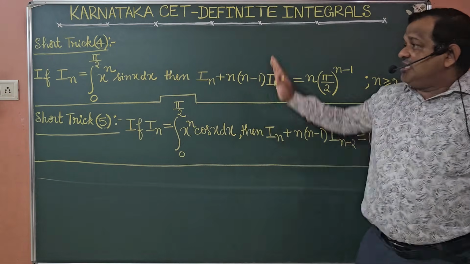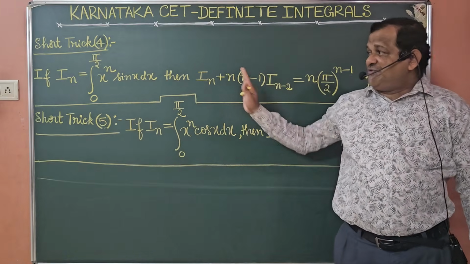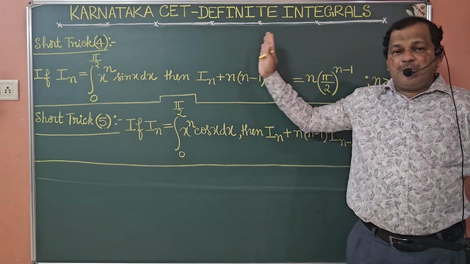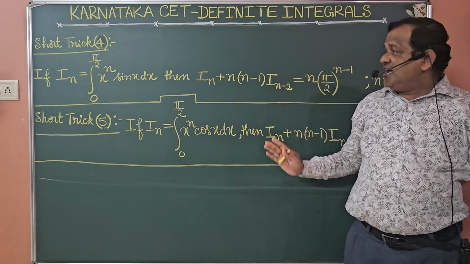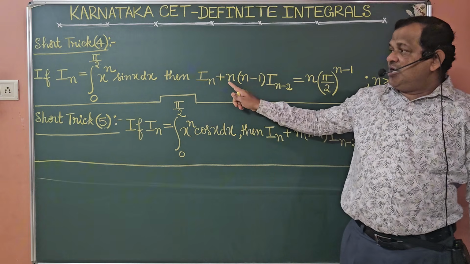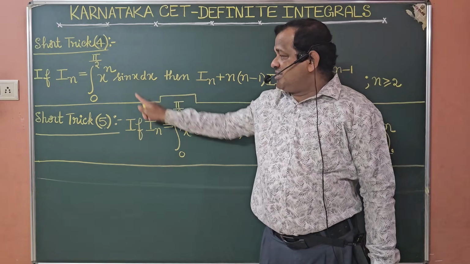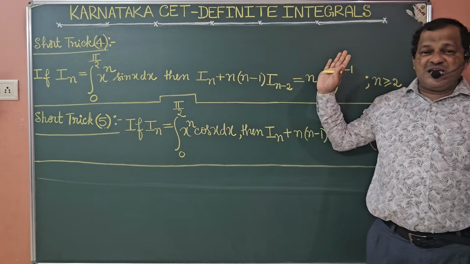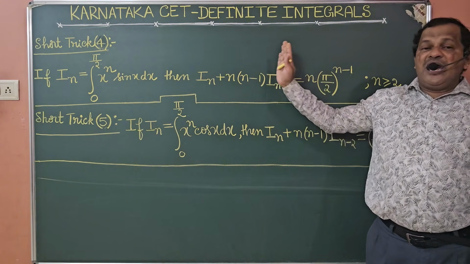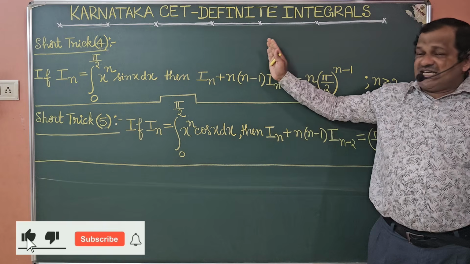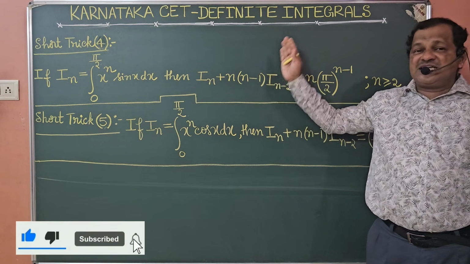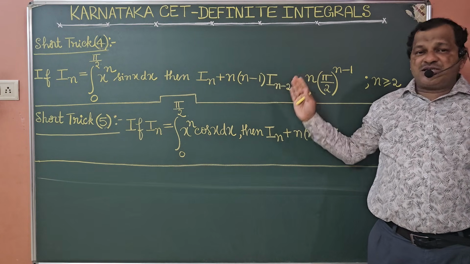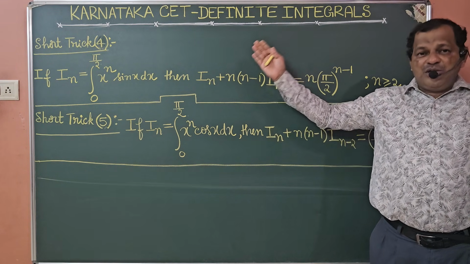So kindly go through the video carefully, pause for a while, commit to memory, study this. And I would like to mention, using both these short tricks 4 and 5, till now no CET questions appeared, but it is better you know these formulae as short tricks. Watch the video carefully.